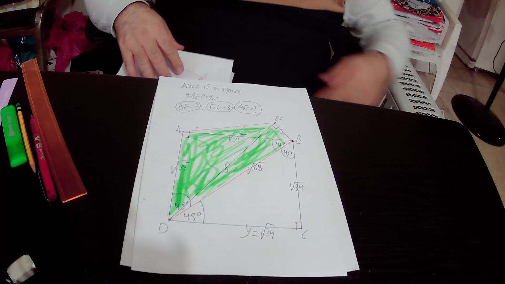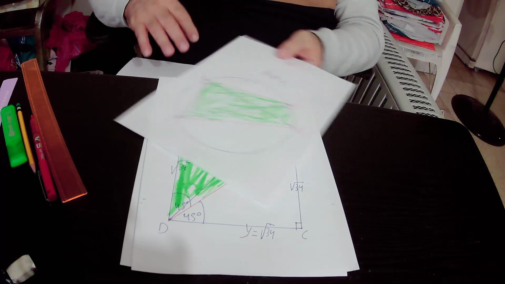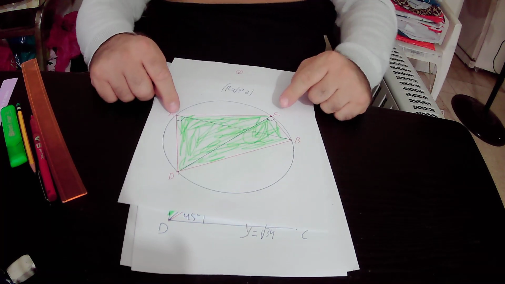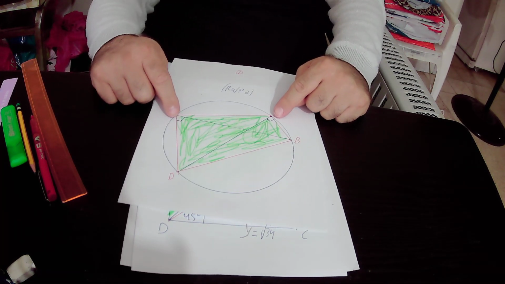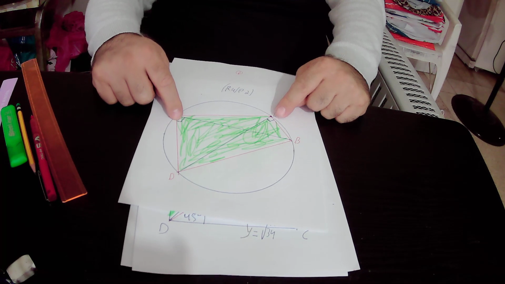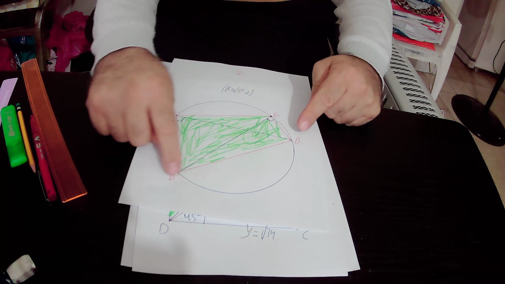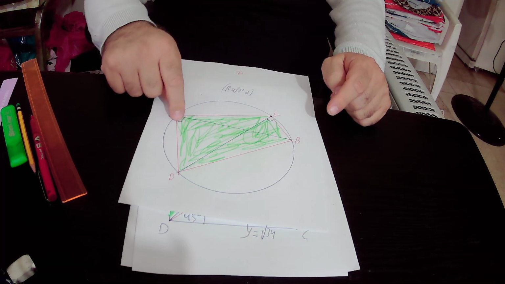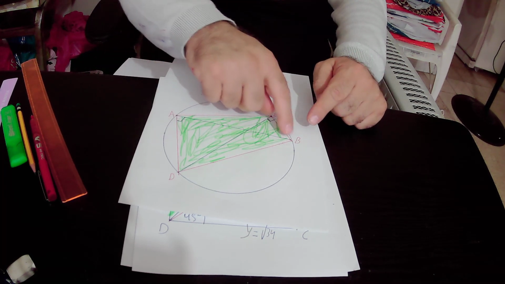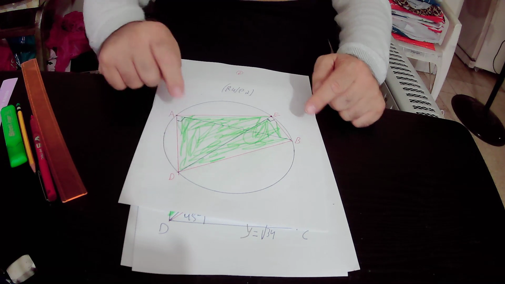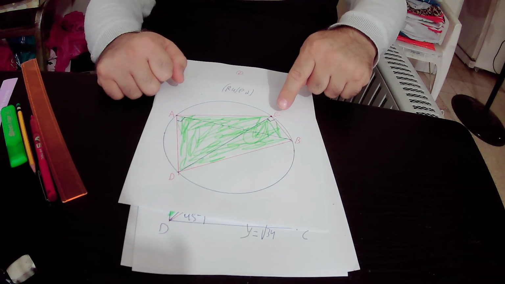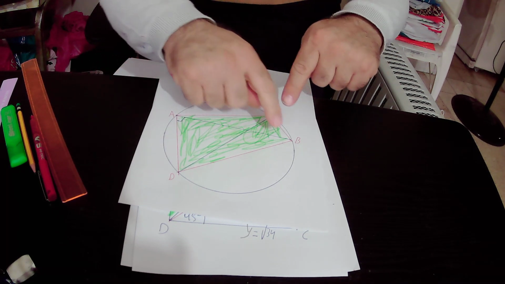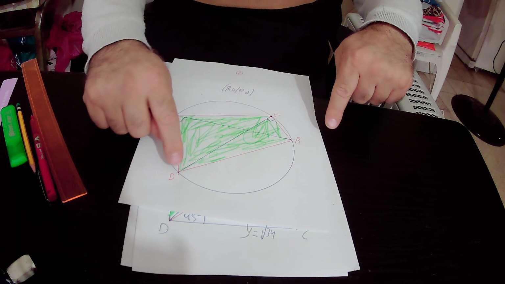So I'll repeat again. We have those two angles, both equal to 90 degrees, and they subtend the same line segment BD. Angle DAB is a right angle, it rests on line segment BD, and angle DEB is also a right angle, it also subtends the same line segment DB.